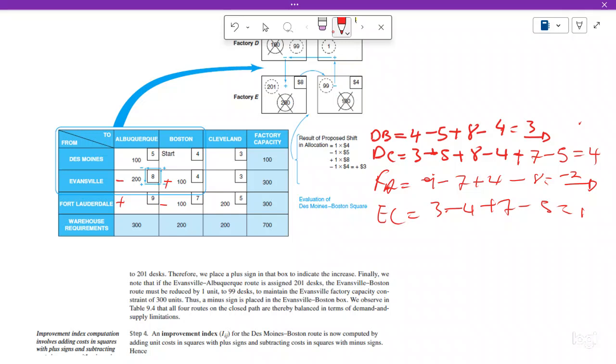The adjustments that we're doing, we're doing them keeping in mind that 300 must always be satisfied. Understand? So how much can we remove this side, and still remain with 300?